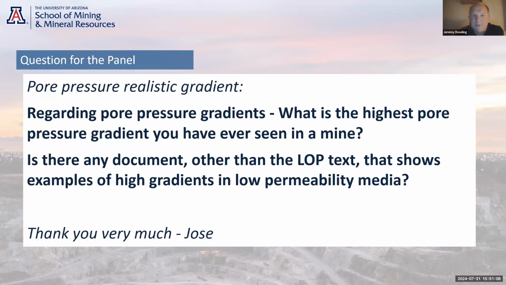It's not always the case that because a media is low permeability and has poor conductivity and poor drainage characteristics, it will contain strong upward hydraulic gradients, or what you might call overpressured conditions. You can quite often get situations in pit slopes where there is a downward gradient due to those coupled hydrogeomechanical processes.